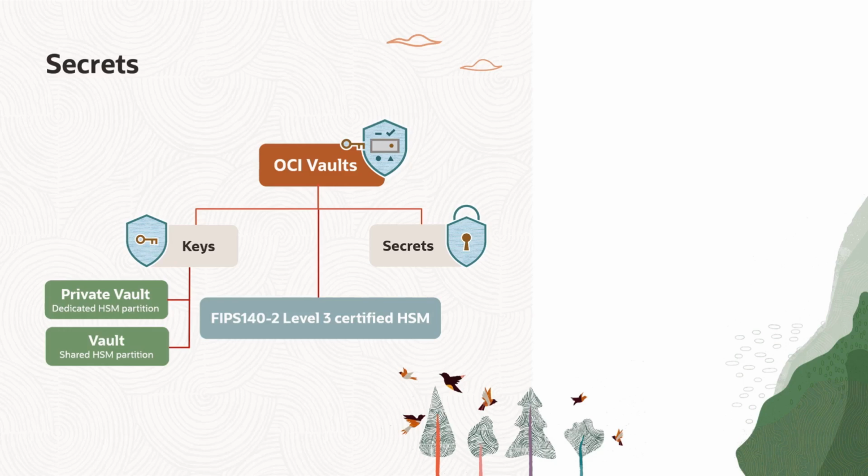And as we saw earlier, these keys and secrets are protected at rest with the encryption guarantees of FIPS 140-2 security level 3 certification compliant hardware security modules that back the vault where the secret and keys are created and stored, right? So it gives you the capability to store the secrets in the vault service rather than storing them in your configuration files or sharing them in plain text with other users.